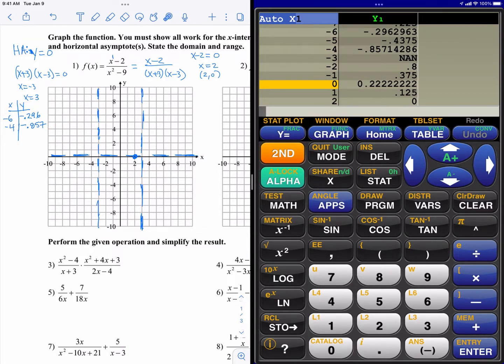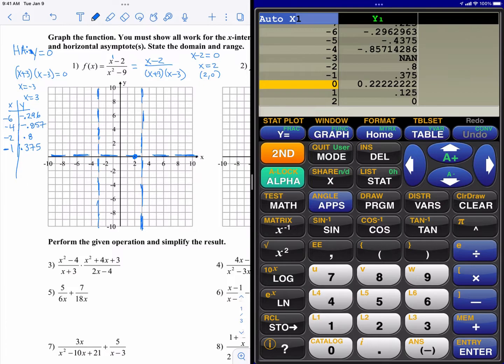Let's choose some values that are close to negative 3 in this space. So maybe I'll choose negative 2 for x. At negative 2, my y value is 0.8 based on the table. And when x is negative 1, my y value is 0.375.